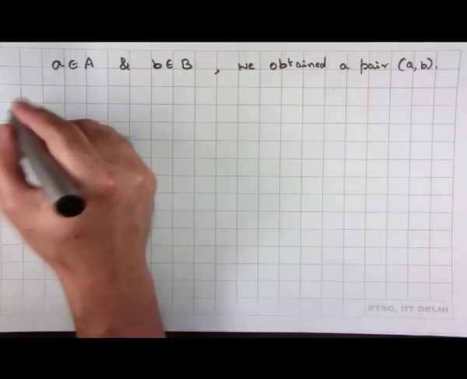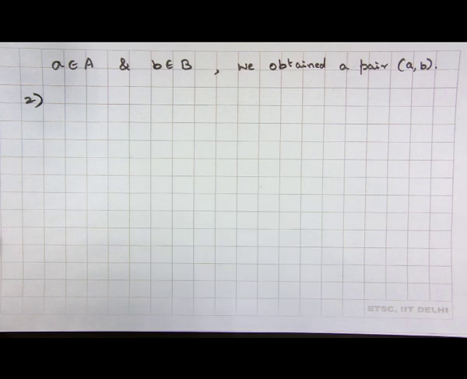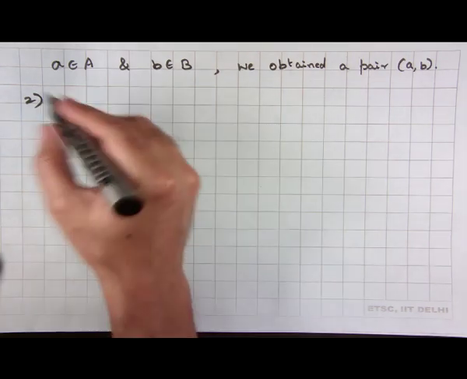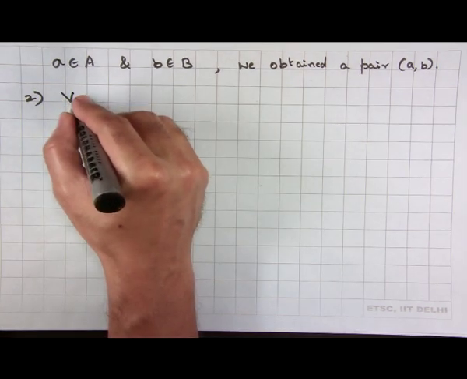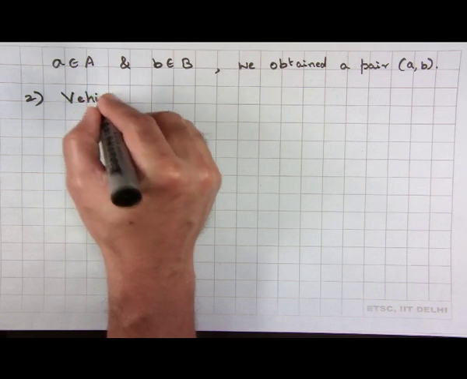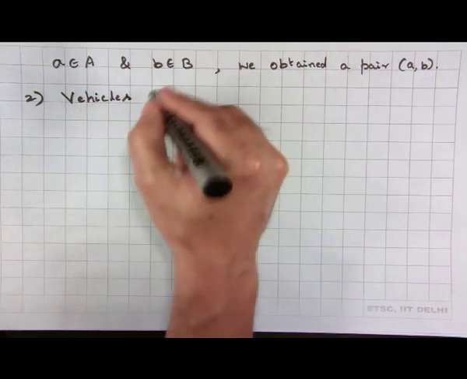Well, let us go to the second example, which I will call vehicles and their name plates.